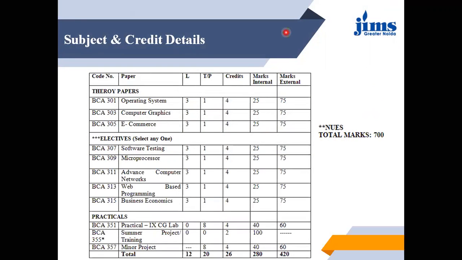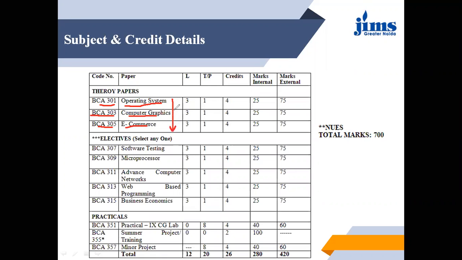In 5th semester, there are three core theory subjects, that is BCA 301 operating system OS, BCA 303 computer graphics CG, and BCA 305 e-commerce. These three are basic subjects.